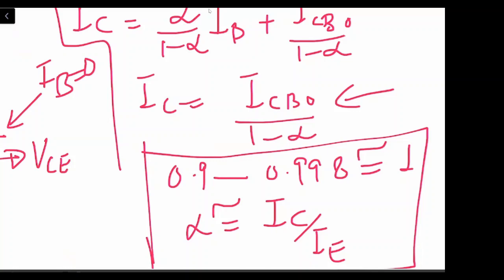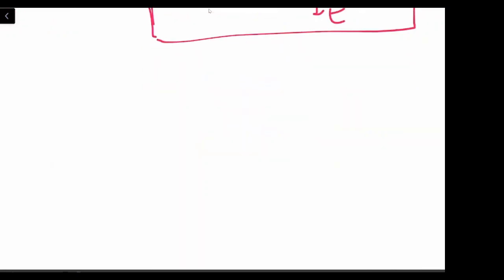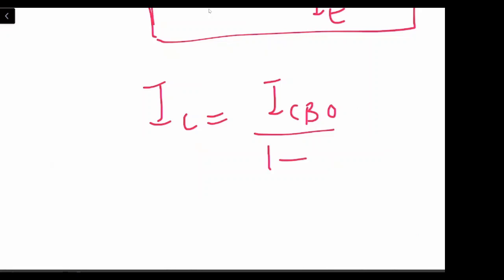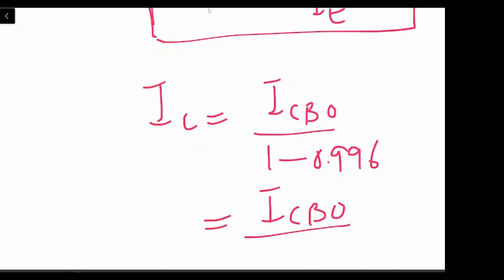Then we are going to have IC is equal to ICBO divided by (1 minus 0.996), which is ICBO divided by 0.004, right?